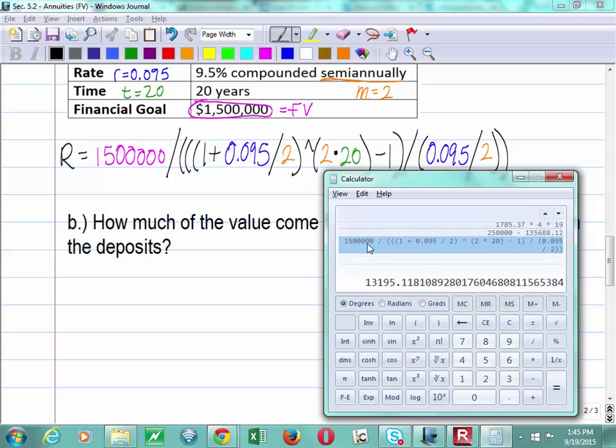Now I can see everything that I had typed in to make sure that it's correct. And so it gave me $13,195.12.